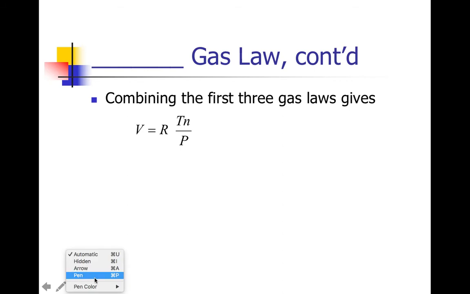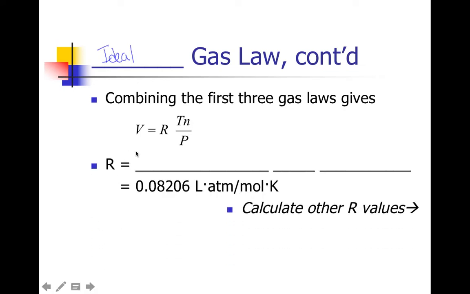So the ideal gas law, combining the first three gas laws, gives us V equals R times T times N divided by P, where R is known as the universal gas constant, and the value for R is 0.08206 liters times atmospheres divided by moles times Kelvin.